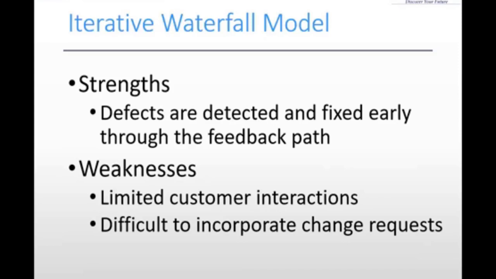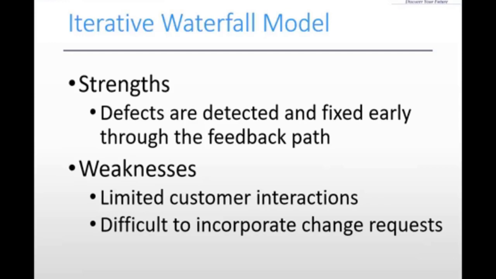Okay. And the weaknesses: it still has the same weaknesses, the latter part of the cycle as in the classical waterfall model. The same set of weaknesses is applicable to the iterative waterfall model also. The requirement set is fixed and customer involvement is less.